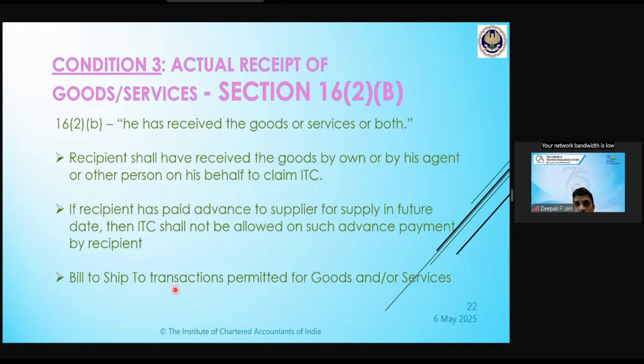Even if you have not received actually, the person who received on your behalf will be treated as actual receipt of goods. Got it? That is actual receipt of goods.